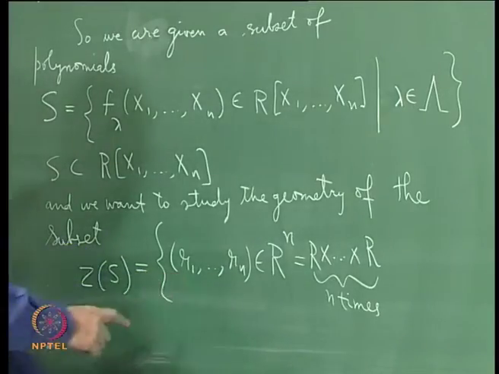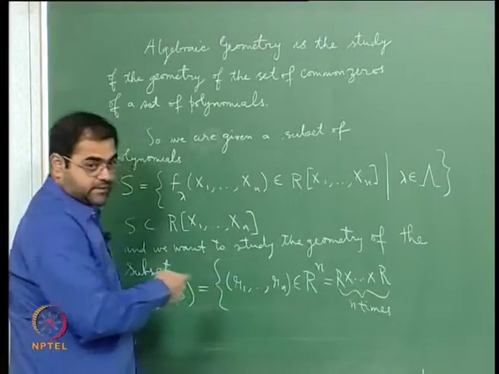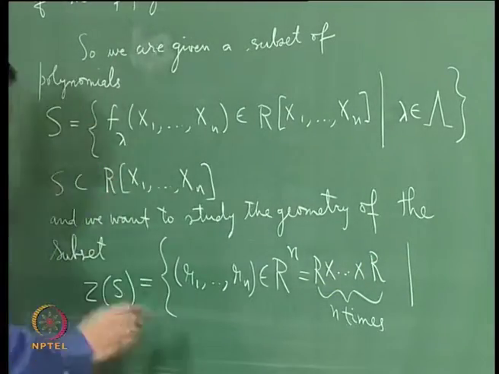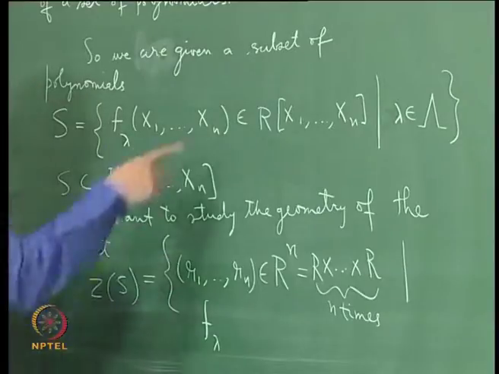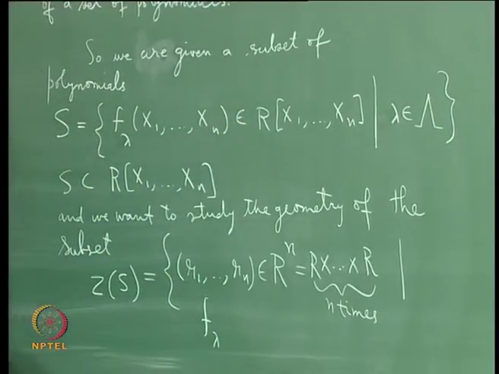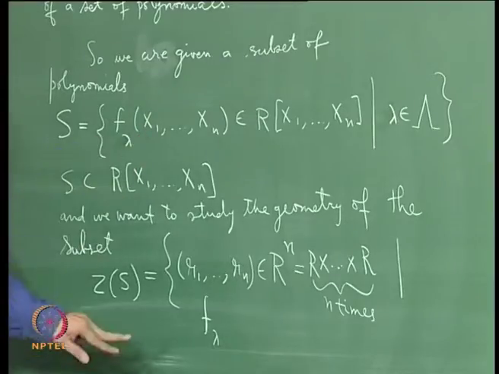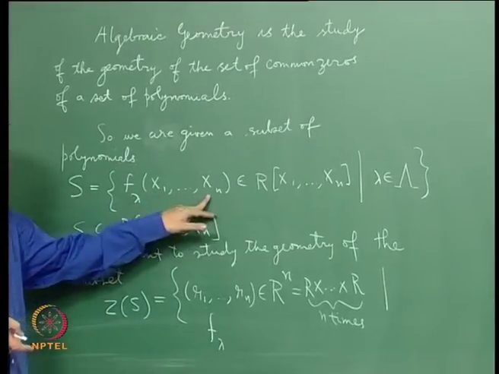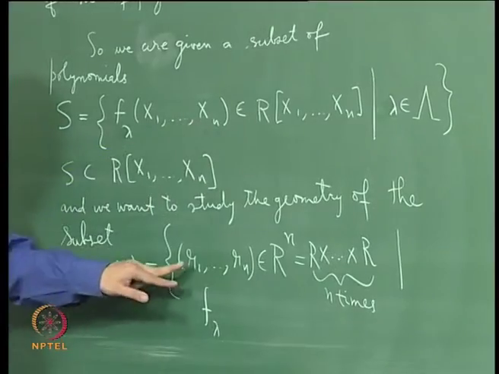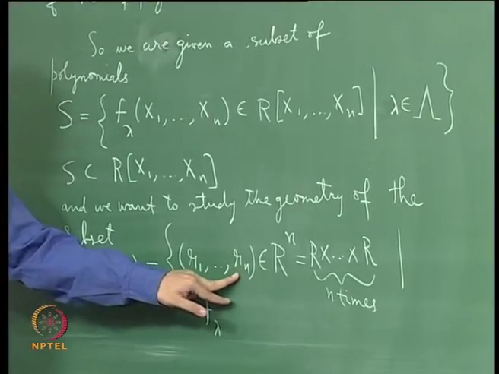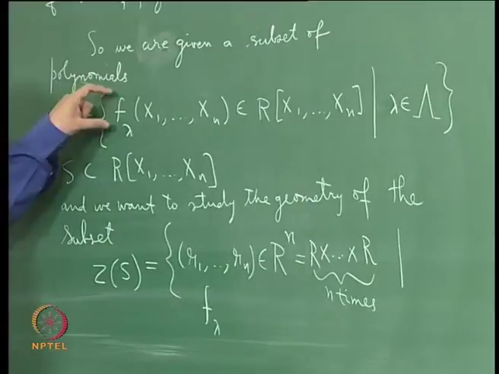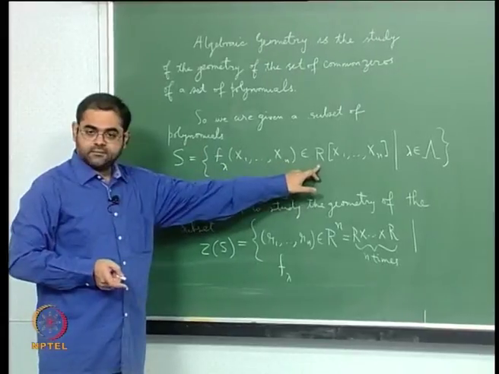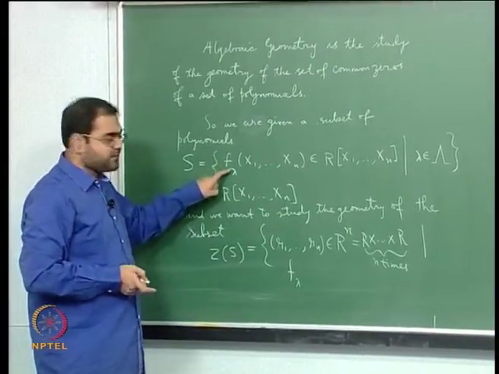So these are n-tuples of elements of R, each small ri is an element of capital R, such that if you plug in xi equal to ri, that is if you substitute for xi the corresponding ri in this tuple, or in other words if you substitute for the tuple x1 etc. xn the values r1 etc. rn in that order, and you evaluate this polynomial, then you will get an element of R, and that has to be 0, and that should happen for every lambda.